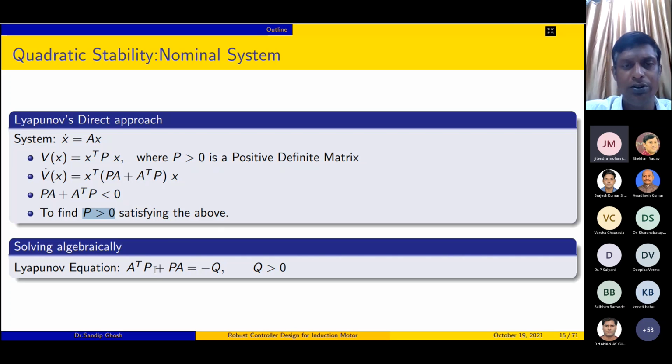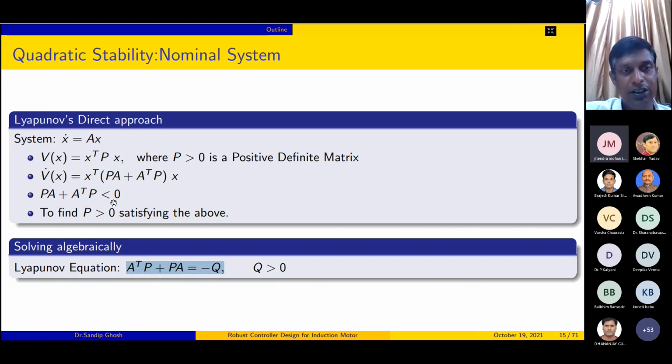The corresponding solution can also be obtained using the Lyapunov equation, that you equate A transpose P plus PA equal to minus Q. You solve this algebraically, doing summation and multiplication, and by that you find whether you are getting a positive definite P or not for a given Q, right?